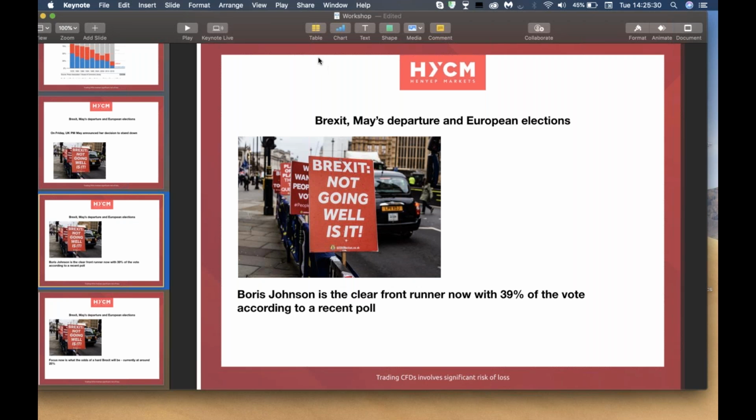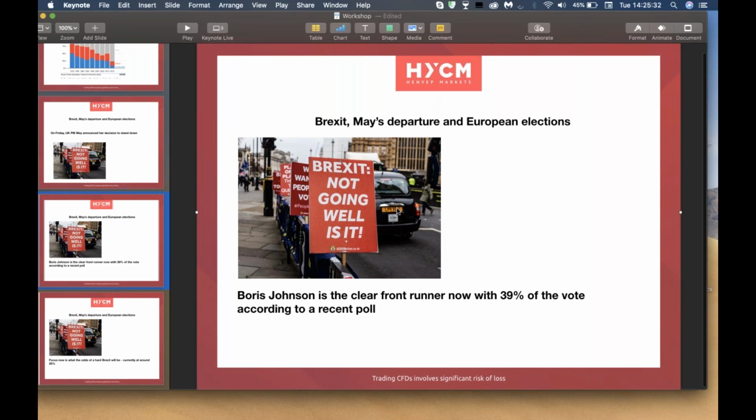The leader that's set to replace Theresa May is a man called Boris Johnson. Now, he's a clear front runner, and he's got 39% of the vote to take over as the new Conservative leader. Boris Johnson is in favour of us leaving Europe, and he's in favour of a hard Brexit if necessary.